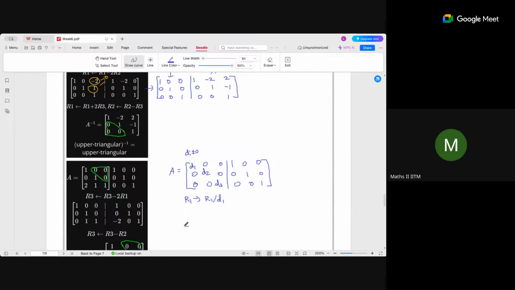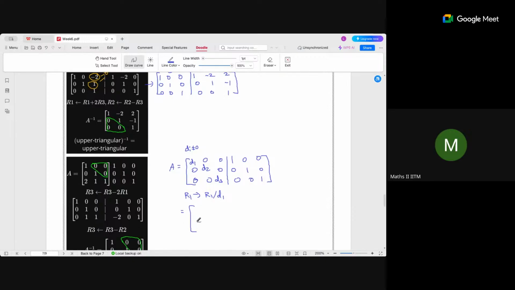So I will get 1 0 0, 1 by d1 0 0. Then what's the next step? R2 equal to R2 divided by d2. Similarly, R3 divided by d3.